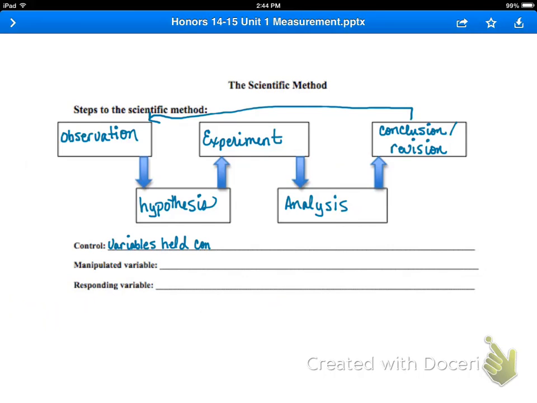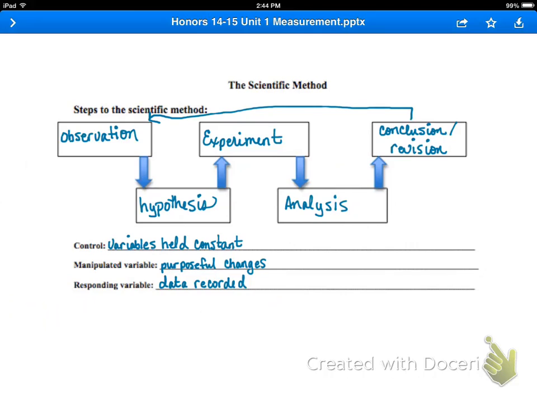So let's talk about the types of variables. So we have control, manipulated, and responding variables. So the control are the variables we hold constant, and sometimes we call these constants, okay? And then we have the manipulated variable, which is sometimes called the independent variable, and this is the thing that we purposefully change.